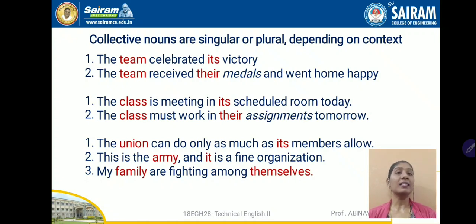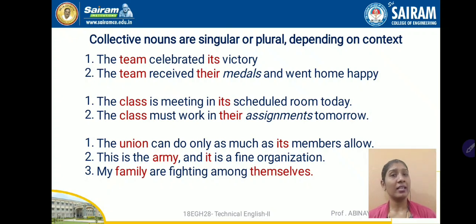The class is meeting in its scheduled room today. The entire class is acting as the same unit, so we have used "its". The class must work on their assignments tomorrow. Assignments, the subject, is plural. Each and every student in the class is working on their own assignment, right?